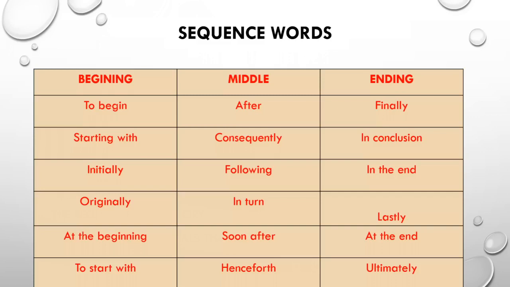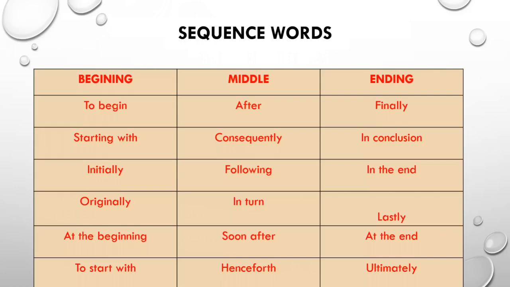Some of the words that are normally used towards the end are finally, in conclusion, in the end, lastly, at the end, ultimately. These are words normally used towards the end of the passage or end of a story.